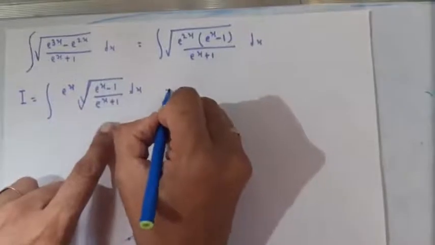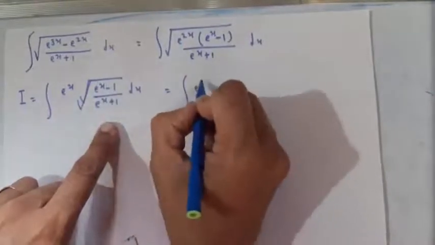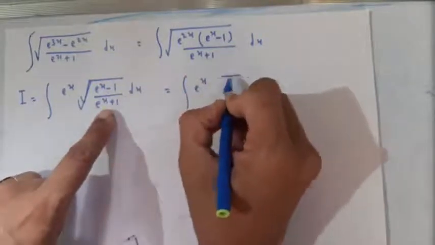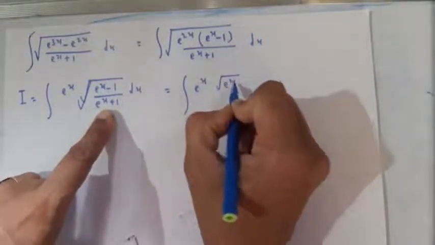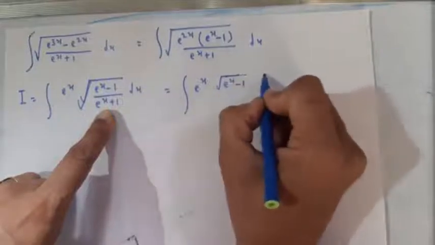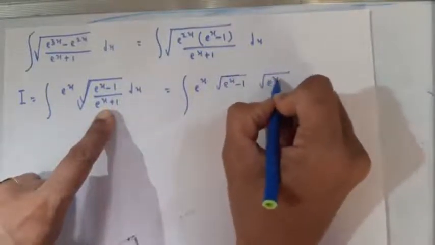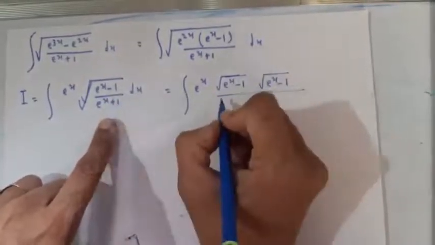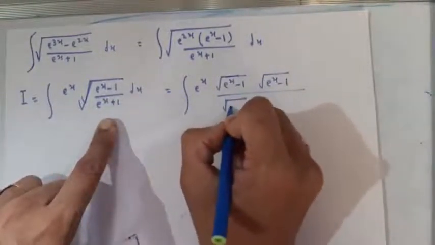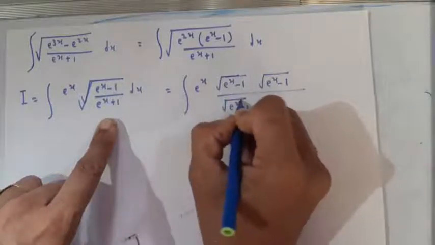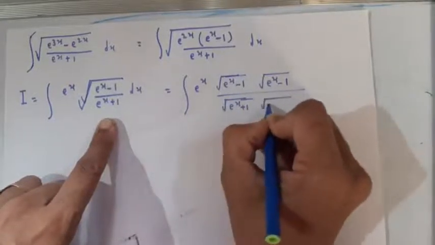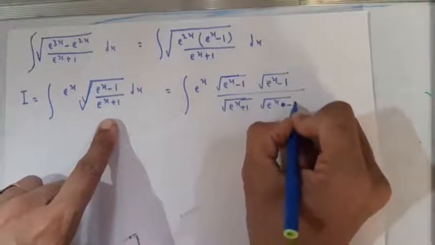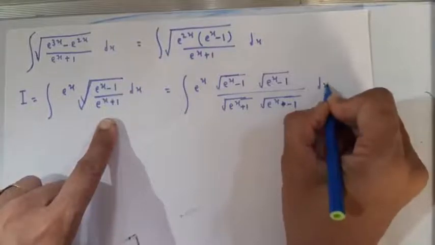Now this is equal to the integration of e raised to x. In the numerator, multiply by e raised to x minus 1 so that the square root will get cancelled. The denominator e raised to x plus 1 is the square root of e raised to x plus 1 into the square root of e raised to x minus 1, with respect to x.